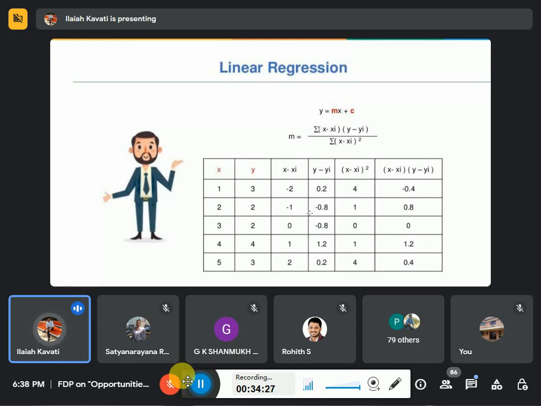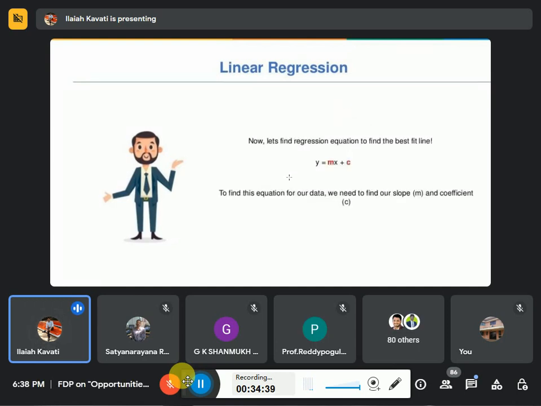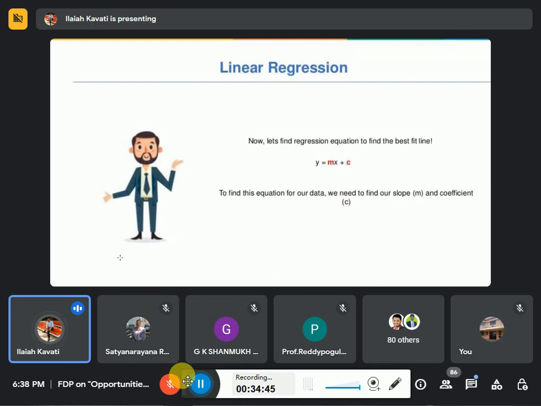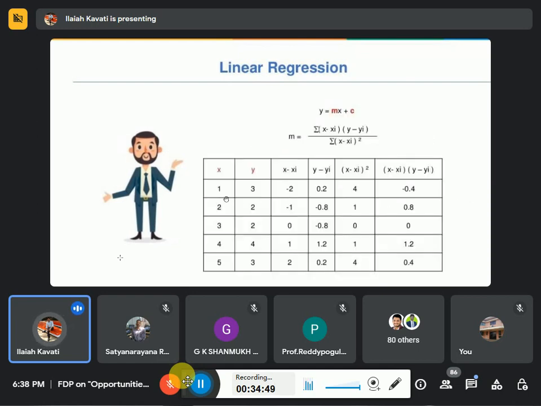Here x̄ stands for mean of x and ȳ stands for mean of y. The third column is x minus x mean, and the fourth column is y minus y mean. The mean of x is 3, so 1 minus 3 is minus 2, and 2 minus 3 is minus 1.